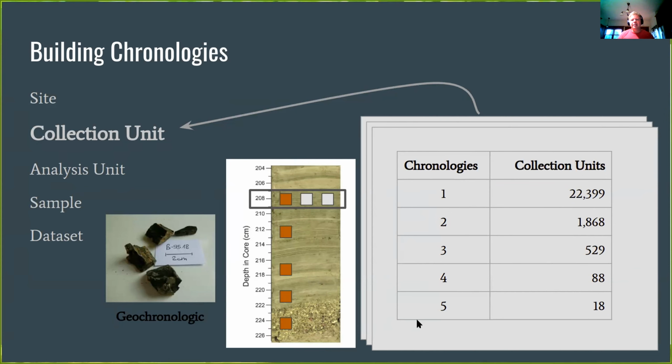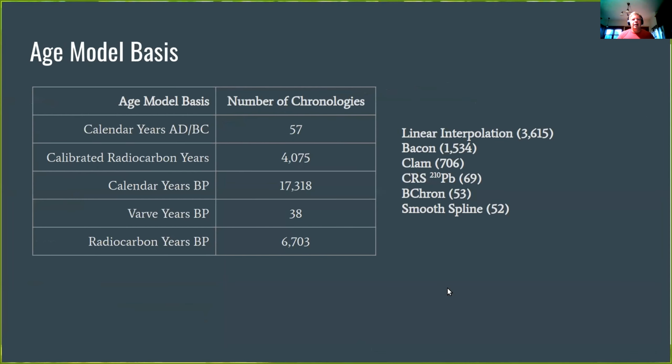And this is increasing over time, the number of records with multiple chronologies, in part because there are different types of age model bases. So records with chronologies in calendar years, AD/BC, calibrated radiocarbon years, calendar years before present, varve years and radiocarbon years.